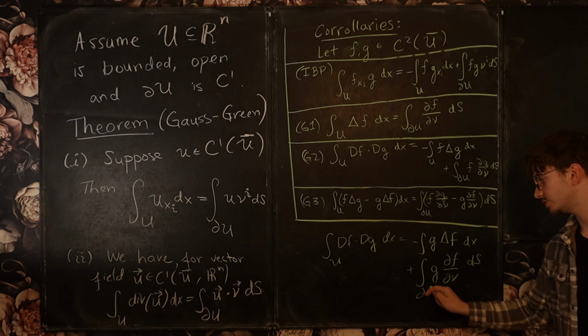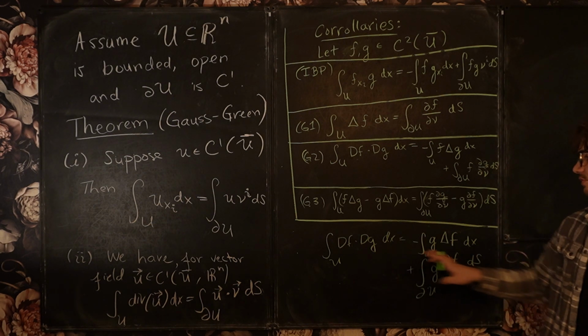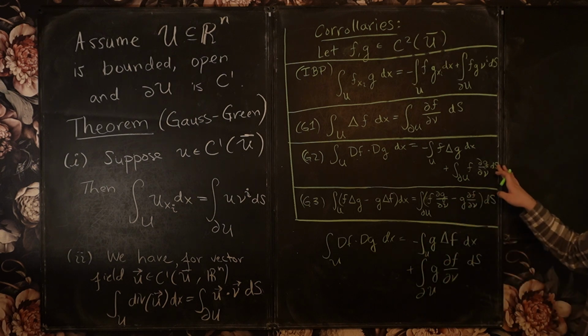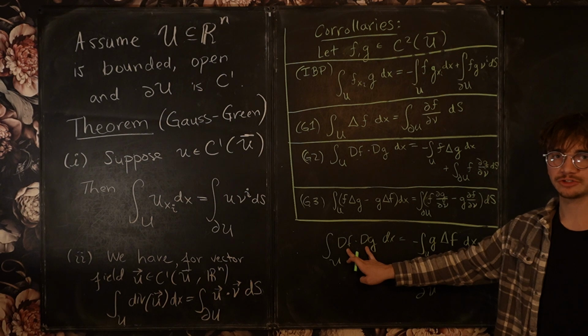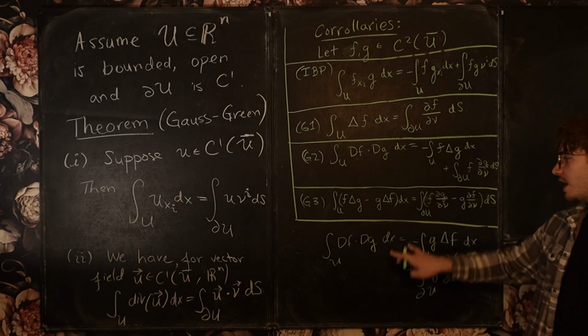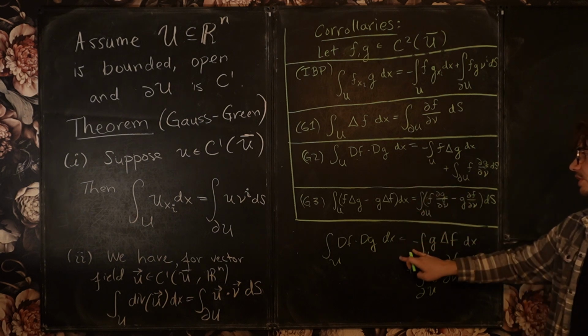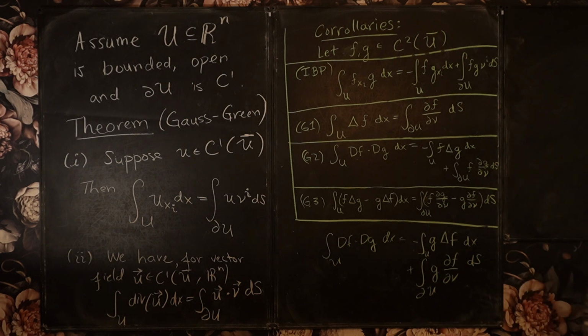These two equations just interchange the roles of f and g, because the left-hand side is symmetric with respect to f and g, okay? And then I can subtract these two equations, and when I subtract them, I get this formula G3, okay?